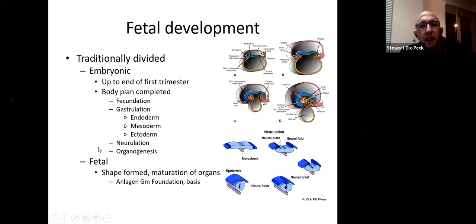In the first trimester you get implantation of a zygote, then a disc. That disc is going to gastrulate, forming endoderm, mesoderm, and ectoderm.